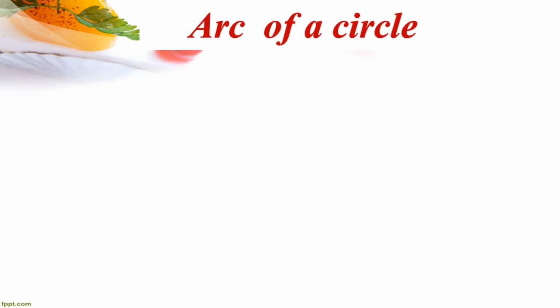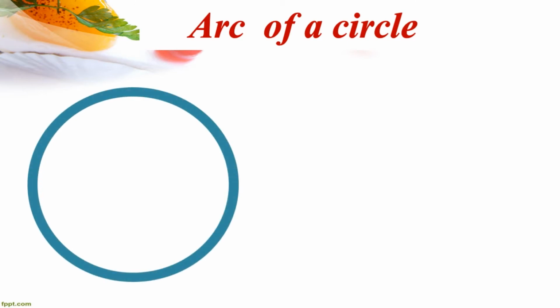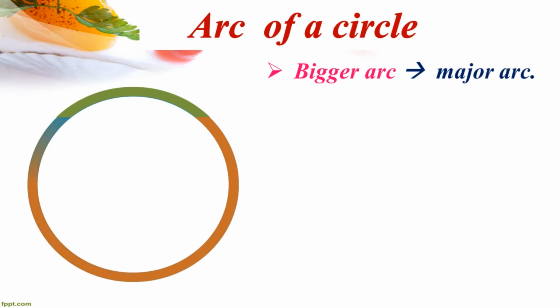Let's see the types of arc. Here 2 arcs are there. The first one, if an arc is bigger than a semicircle, then it is called major arc. So therefore, the bigger arc is called major arc. The other one, if an arc is smaller than a semicircle, then it is called minor arc.